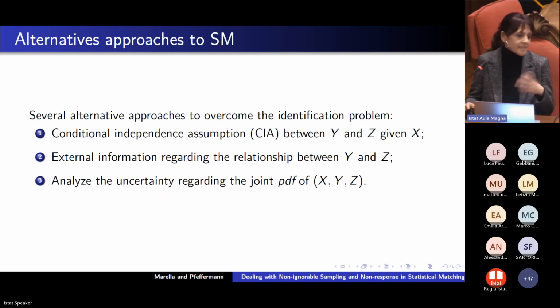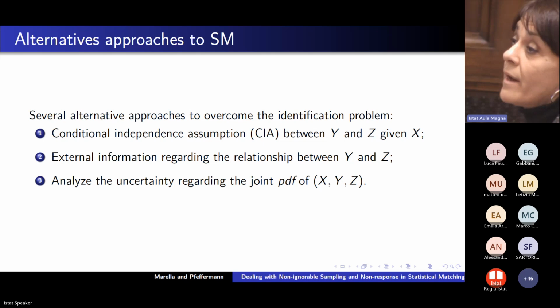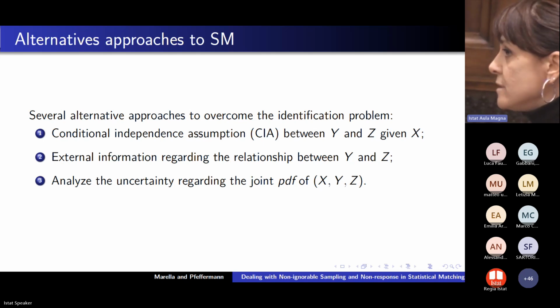Then several alternative approaches have been proposed in the literature to overcome the identification problem. The first approach assumes that the two not jointly observed variables Y and Z are conditionally independent given X. The second approach assumes that external information regarding the relationship between Y and Z is available, for instance, a small sample C where X, Y, and Z are jointly observed.